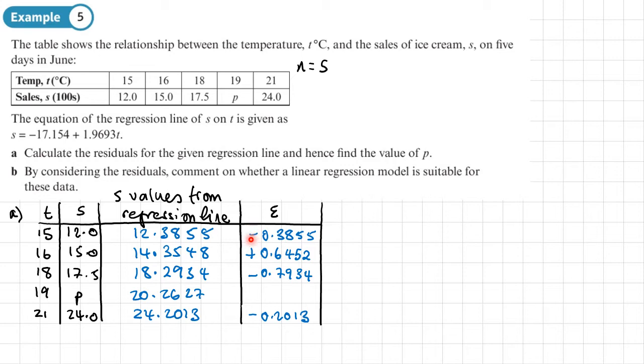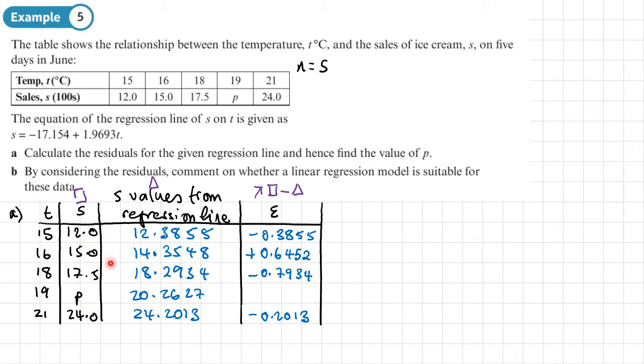Now, if you're not happy with putting the signs in first, if you just do the second column minus the third column, that will give you the residual, and that will always give you the correct sign. So if we call this column square, and this column triangle, then we can get this by just doing the square column minus the triangle column.